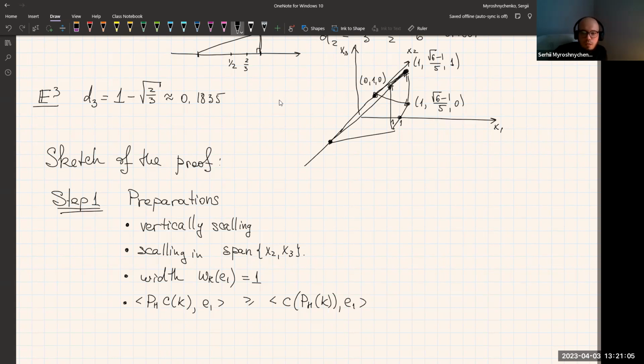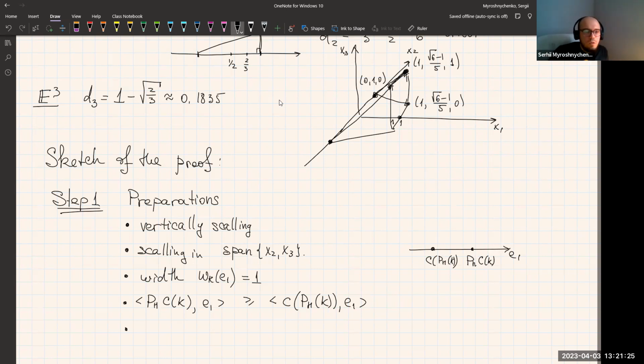So what I mean is that they will be on the same line. I'm gonna make this line parallel to E1, and I want this guy to be on the right from this guy.